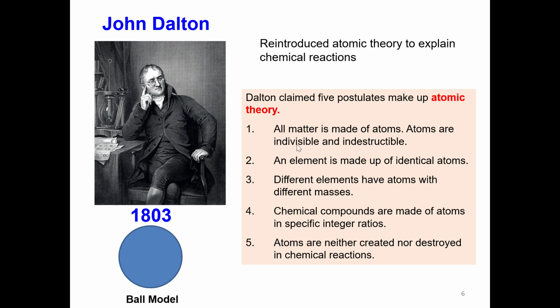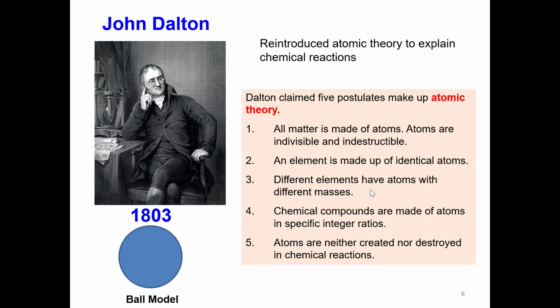The first postulate was that all matter is made of atoms, and atoms are indivisible and indestructible. An element is made up of identical atoms. It means if you have a piece of gold, then all the atoms of this piece are identical. Now maybe this is easier to understand, but not at that time.